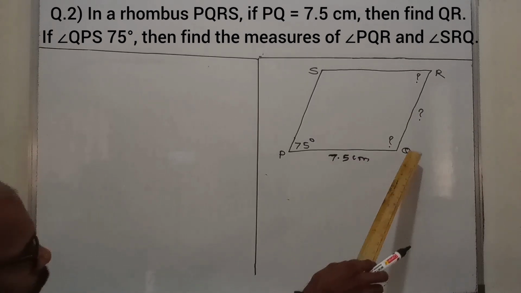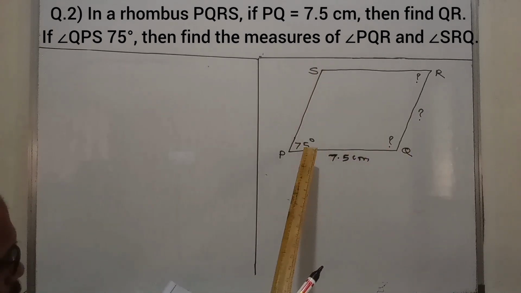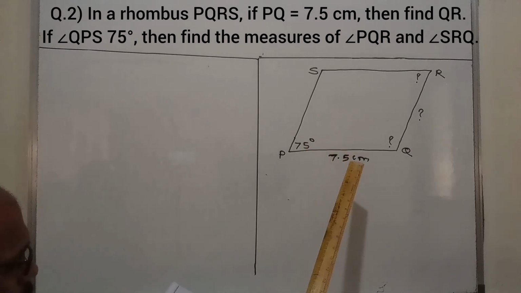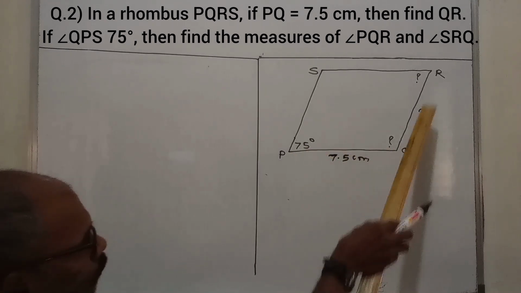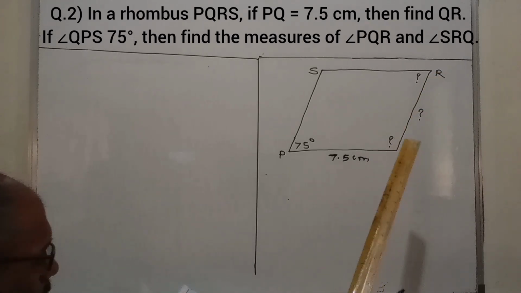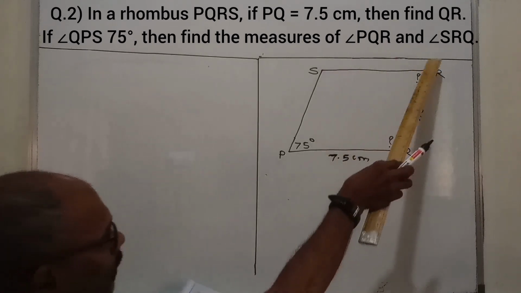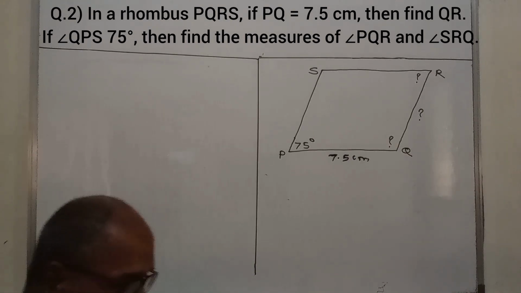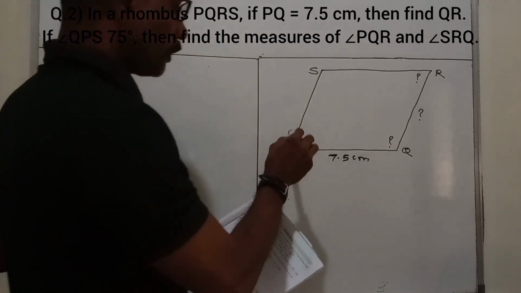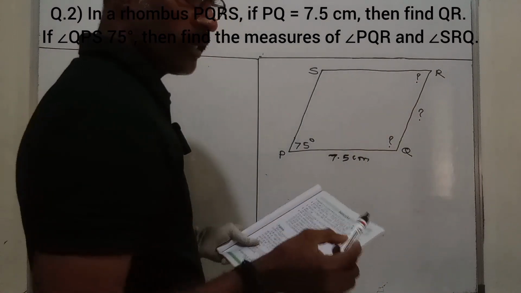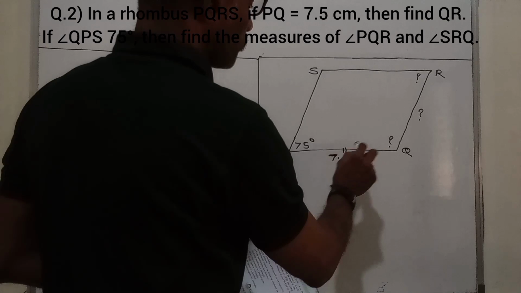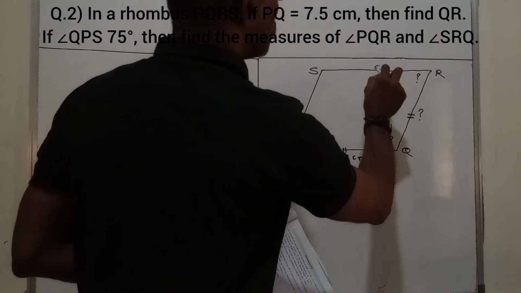If angle QPS is equal to 75 degree, then find the measure of angle PQR and angle SRQ. Very, very simple example. Now, quadrilateral PQRS is a rhombus, so all sides are congruent.